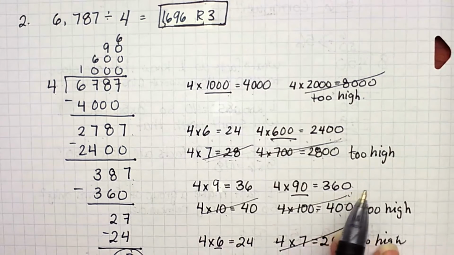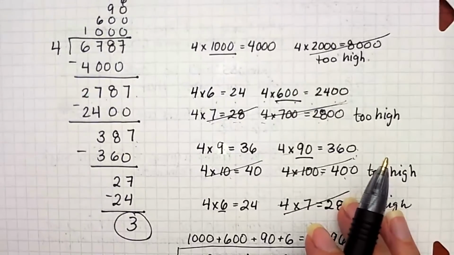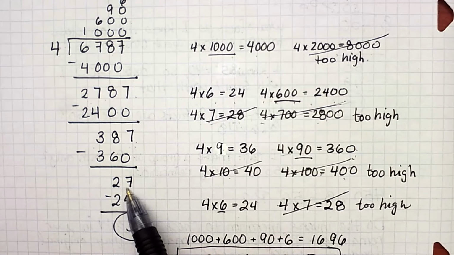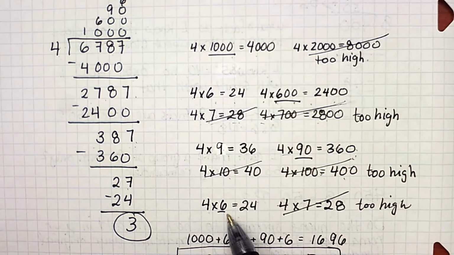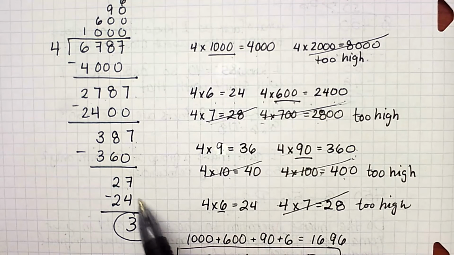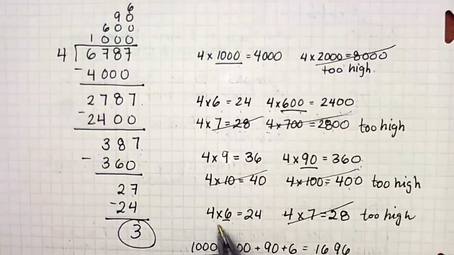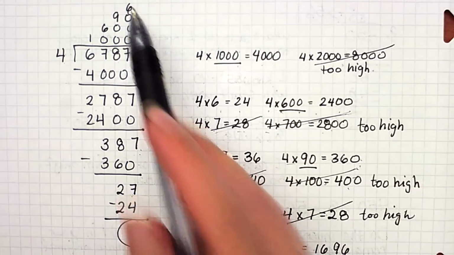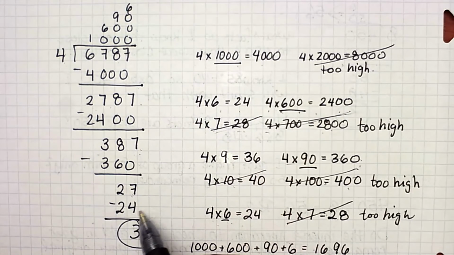So again, I have to stop and think, how many groups of 4 are in 27? Well, I know 4 times 6 is 24, and 4 times 7 is 28. I can't use 28, that's too high, because 28 is more than 27. So I'm going to stick with 4 times 6. So I'll put my 6 up here on top. 27 minus 24 leaves me with 3.